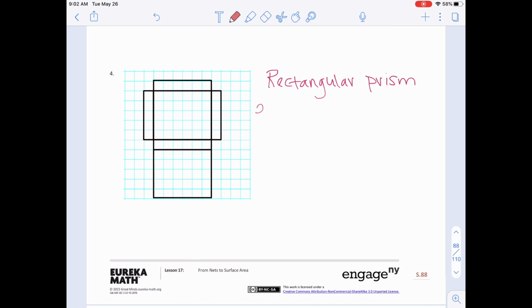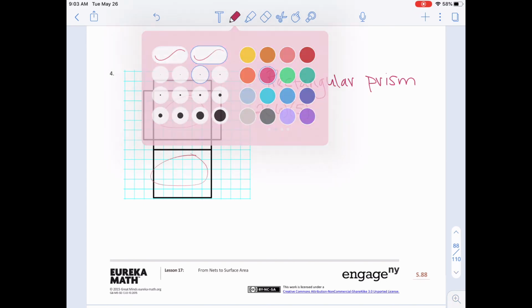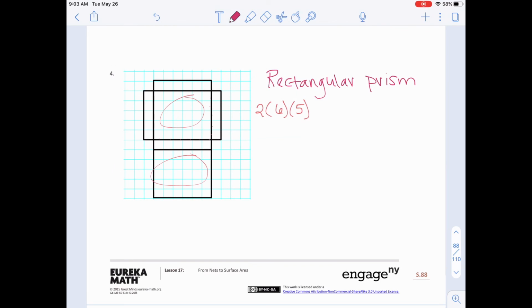So I can take 2 times my length, which is 1, 2, 3, 4, 5, 6. My height, which is 1, 2, 3, 4, 5. So I've used this rectangle and I've used this rectangle. Now I have rectangles here and here that are equivalent. So there's 2 of them.